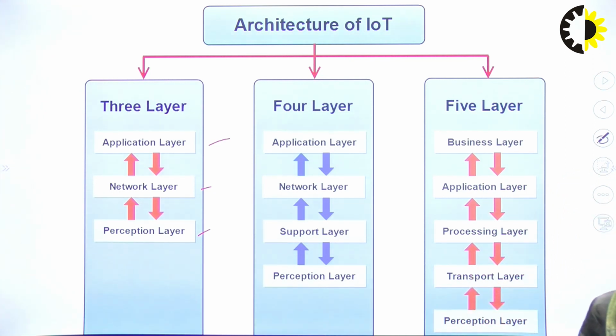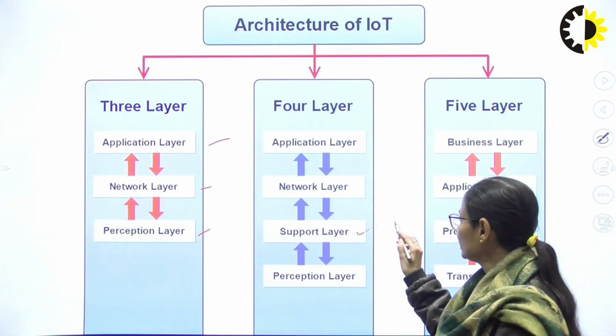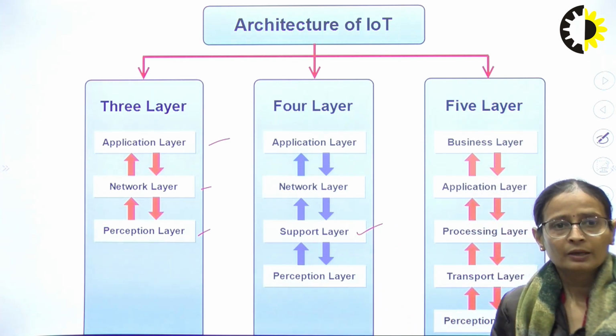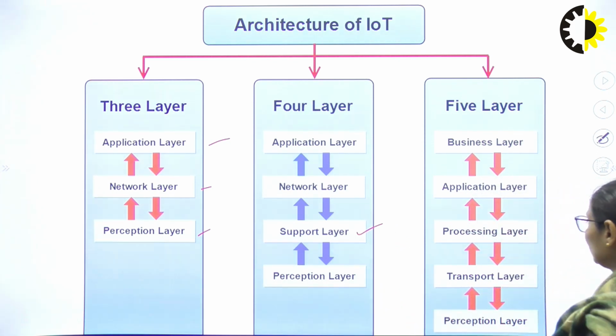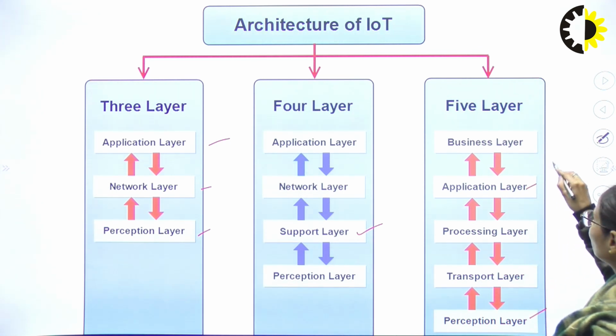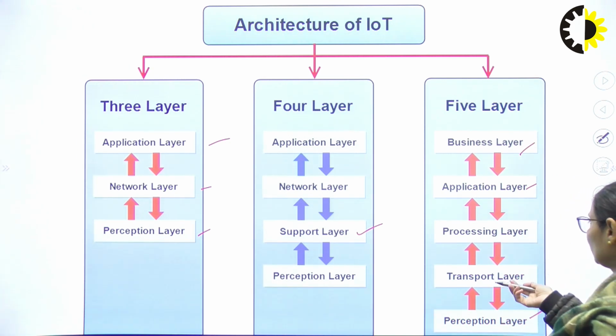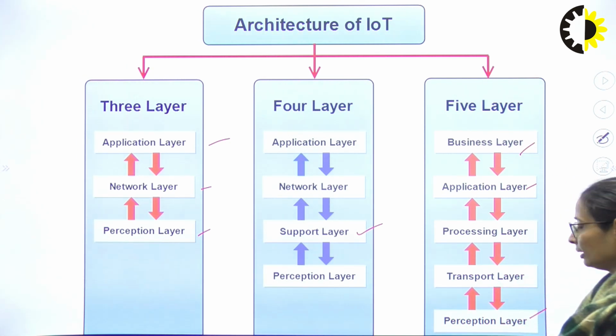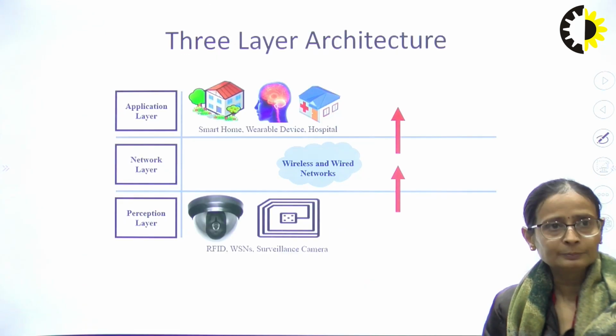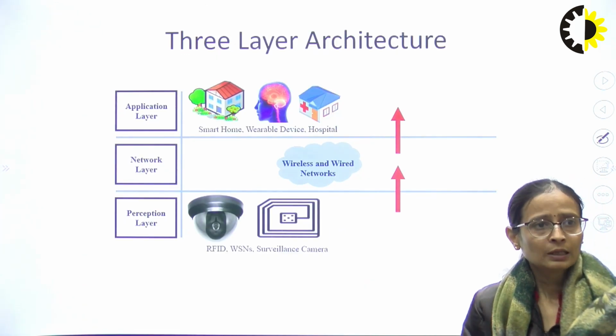In the 4-layer architecture, we have all these 3 layers, but we have an additional layer, that is the support layer. Whereas in the 5-layer architecture, we have a perception layer and an application layer. Above the application, we have the business logic layer, and in the middle we have the processing layer and the transport layer. So this is your perception layer.